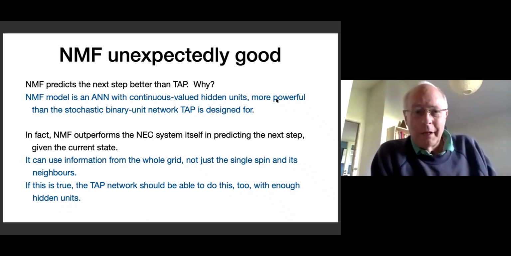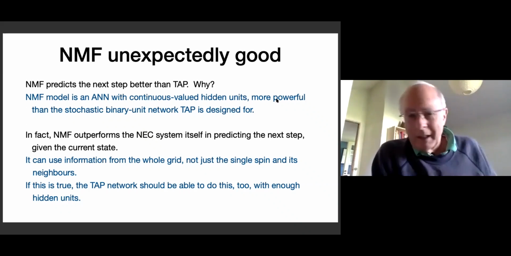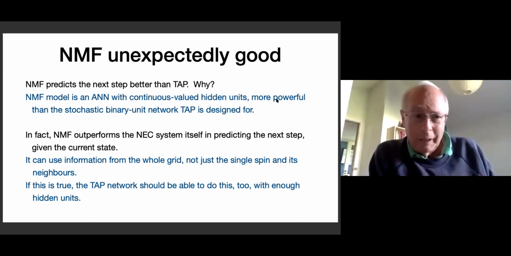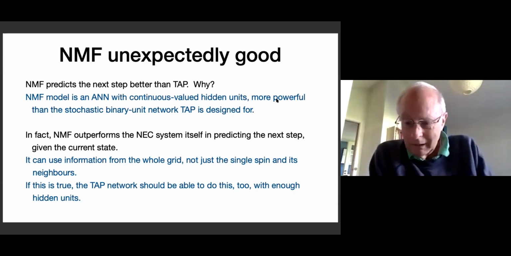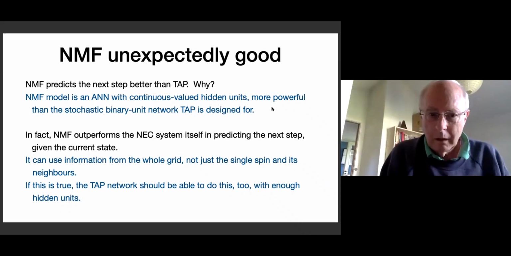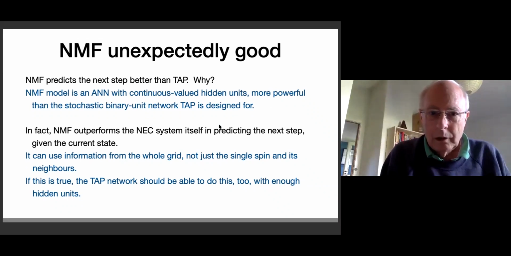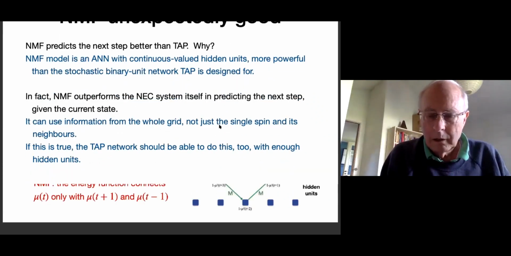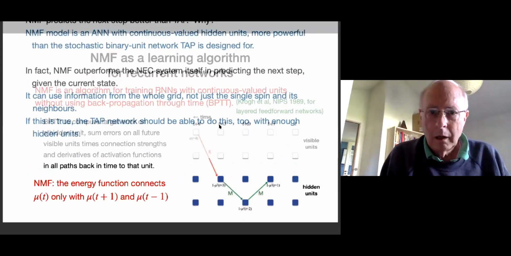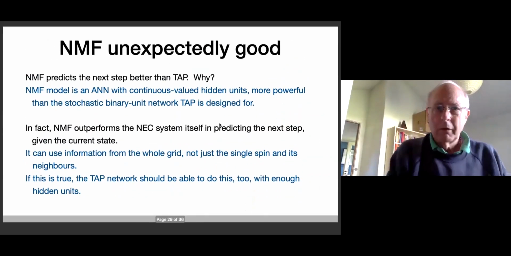If this is true, then if I take a big enough TAP network, it should also do better than the original model in this paradoxical way. Okay.